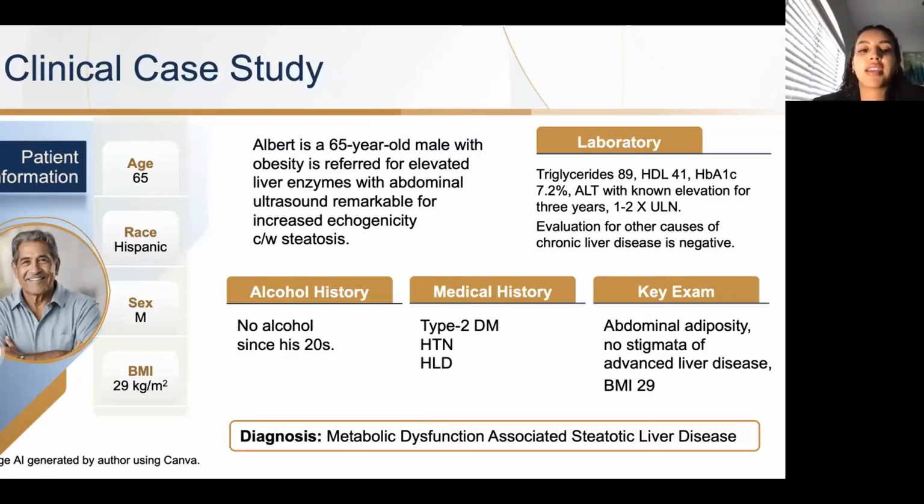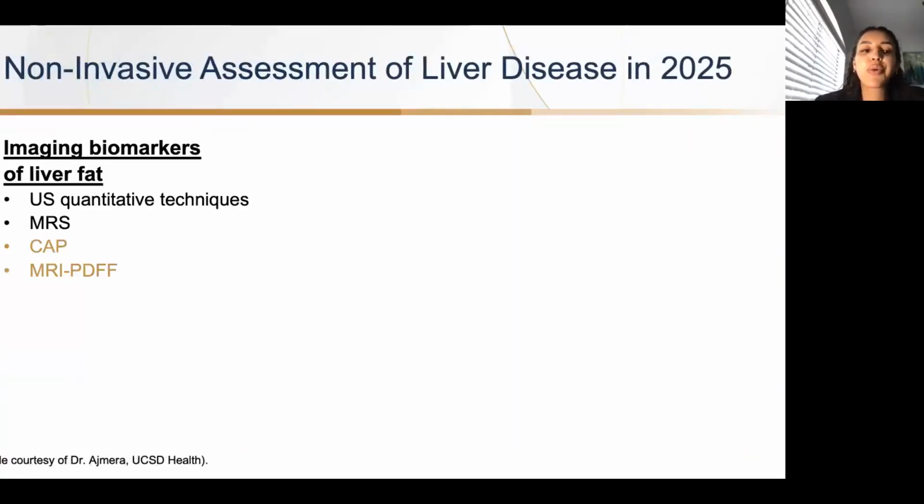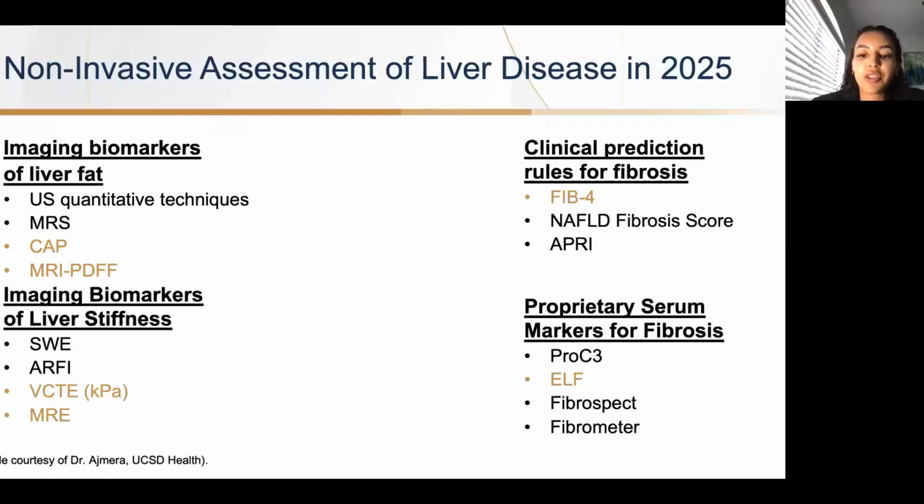So once we have this diagnosis, what are our next steps? What's really important for us to do in this patient population once we've diagnosed MASLD or MASH is to determine if a patient has fibrosis, because fibrosis is a way to stratify risk in these patients.